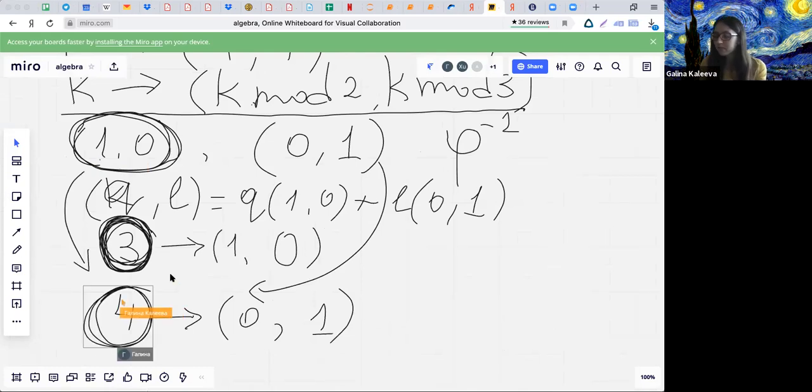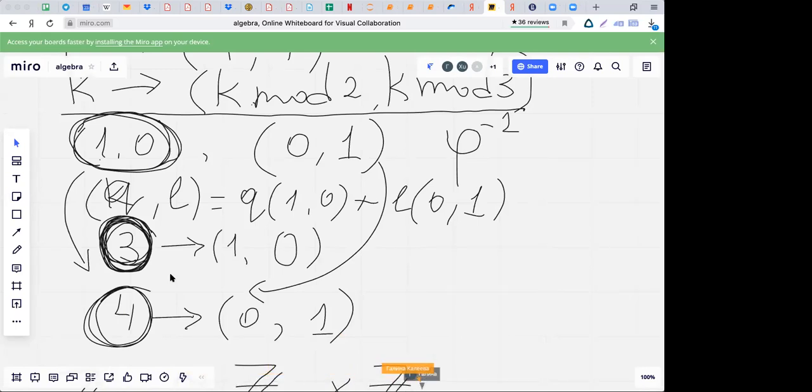Questions? No questions. So let me make some conclusion here. Is it true that Z6 is isomorphic to Z2 direct product Z3? Yes. Why?